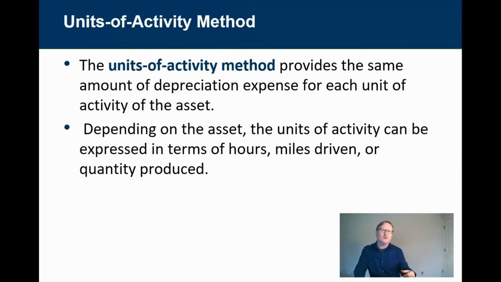Now, the next one we want to talk about is units of activity. If you're buying a piece of equipment or even maybe a vehicle, and you determine that this vehicle loses its useful life based upon the amount of use, and maybe that amount of use varies from year to year.